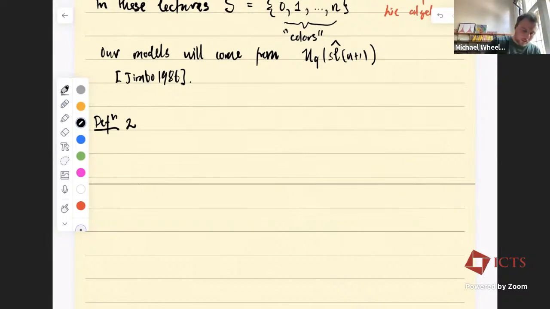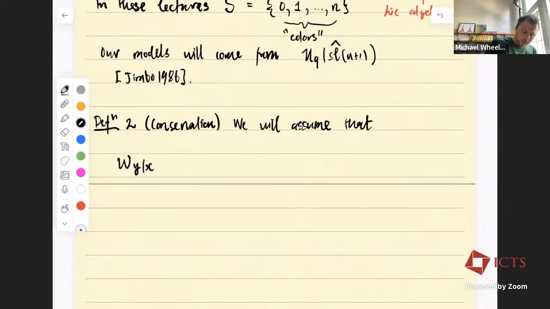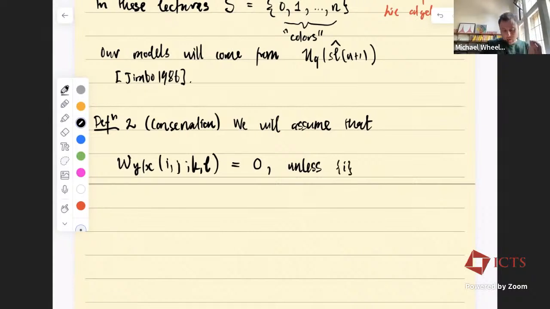Okay, so definition number 2, and this is something that we refer to as conservation. So we will assume in what follows that the weight, which we defined previously, W of y over x, i j k l, is identically equal to 0 unless the following condition holds. The condition is that if I take the set consisting of the element i, and I take its union with the set consisting of the element j, this needs to be equal to the union of k and l.